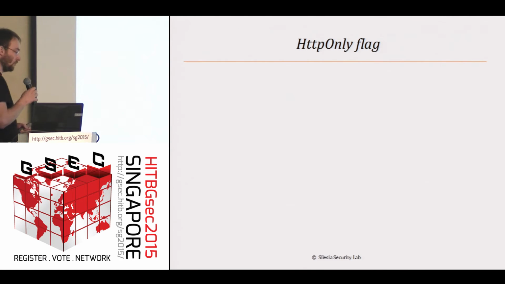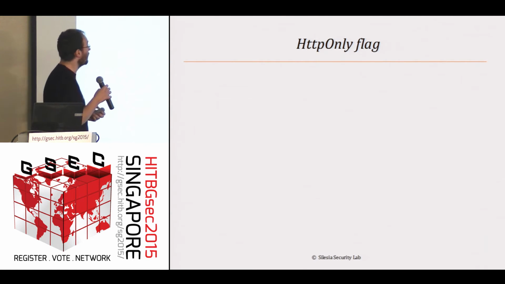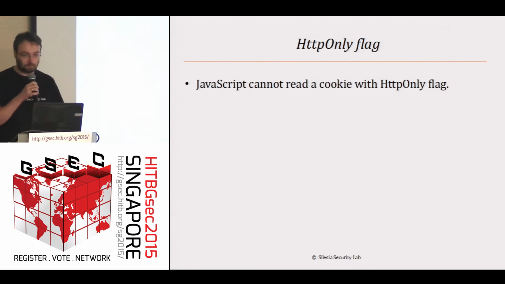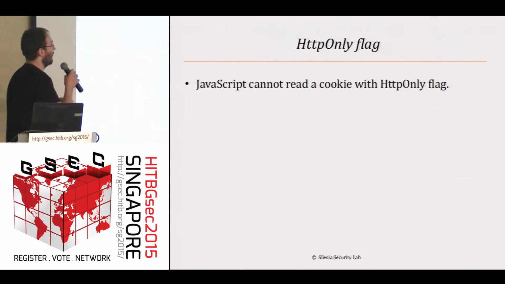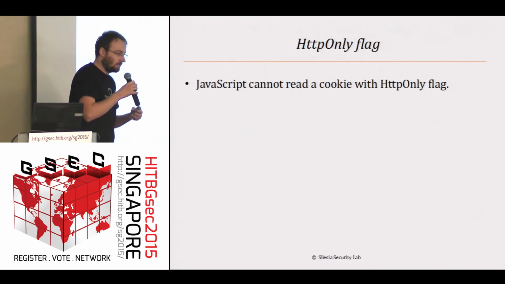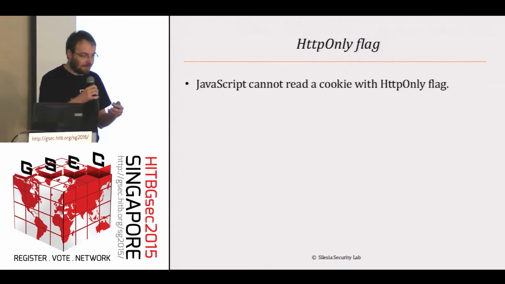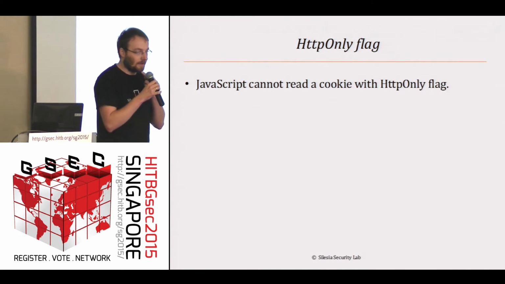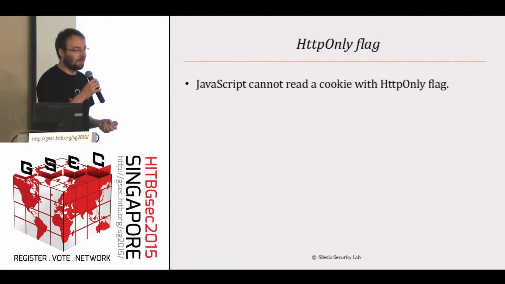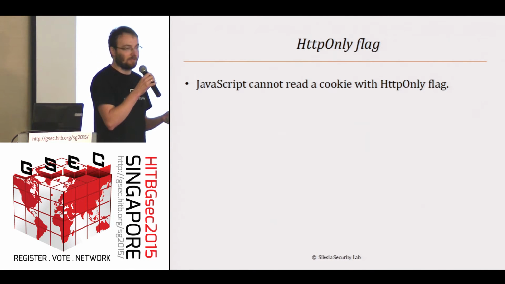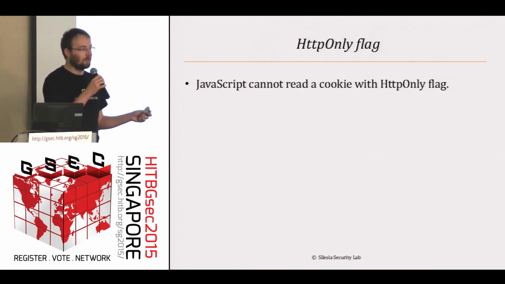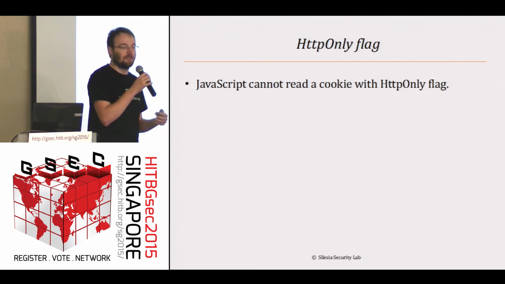Okay, let's go to another topic, the HTTP-only flag. What's the reason or the logic behind this flag? Let's say the most classical attack scenario when an XSS attack occurs is that the attacker wants to just extract the value of, for example, the session cookie, because then the attacker does not have to do anything, just take the value, put it in the cookie jar of the attacker, and impersonate the user.